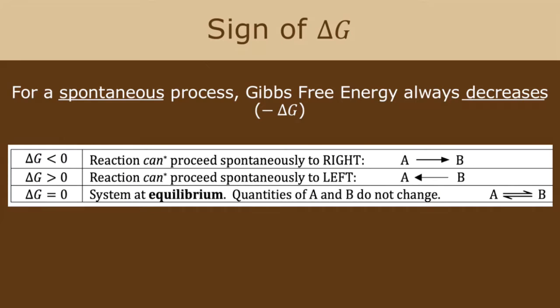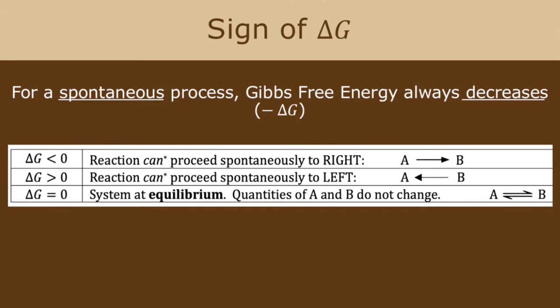We said that the power of Gibbs free energy is that it can predict whether a reaction will be spontaneous. We saw that delta G negative is a criteria that the reaction can proceed spontaneously to the right. So that means conversely, if delta G is positive, if delta G is greater than 0, the reaction can proceed spontaneously to the left.